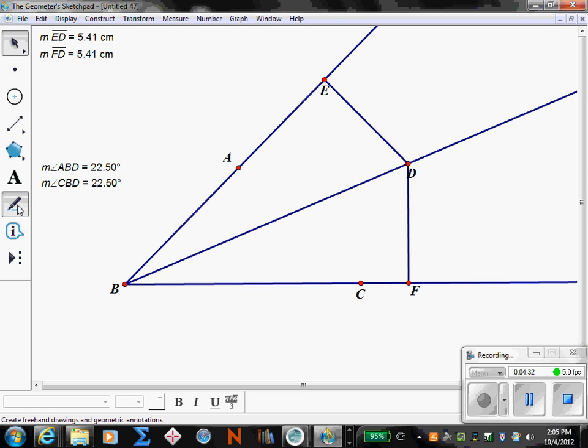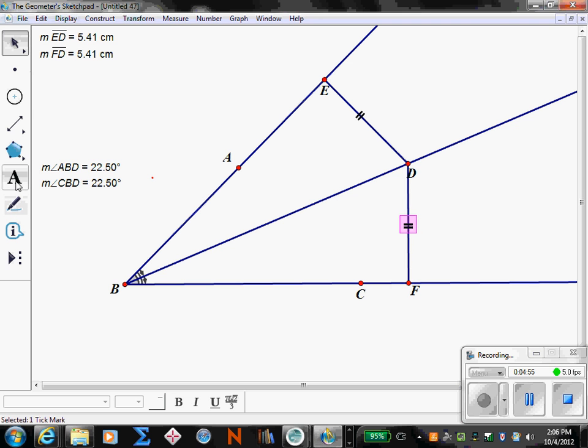I can use my pen and put congruent tick marks to show that they're congruent, and then I'm going to mark ED congruent to DF.